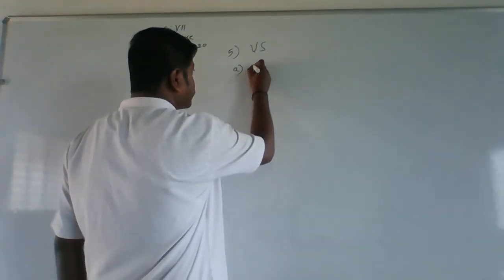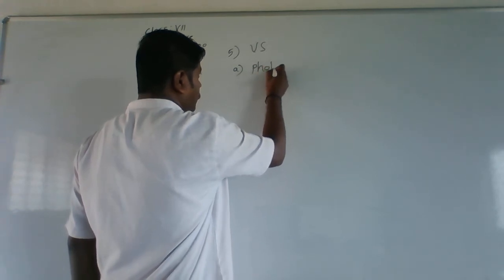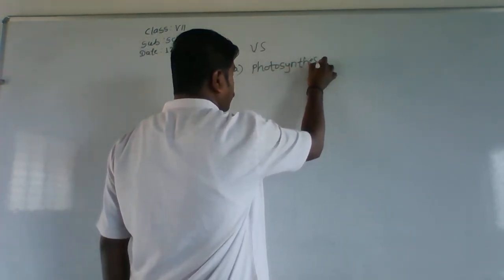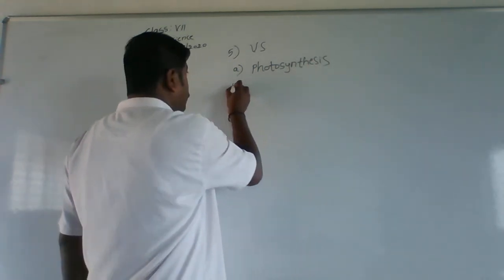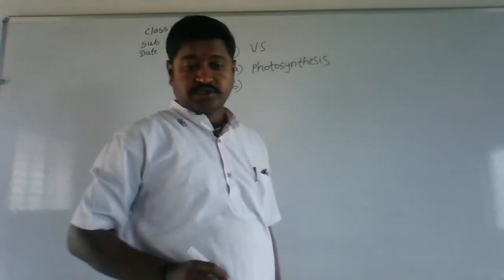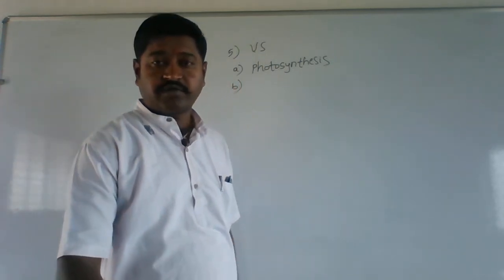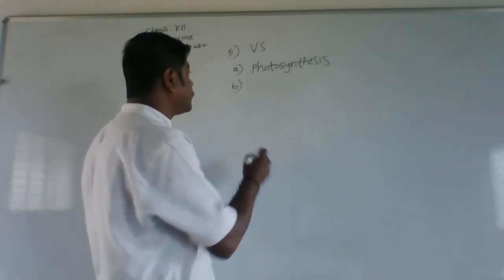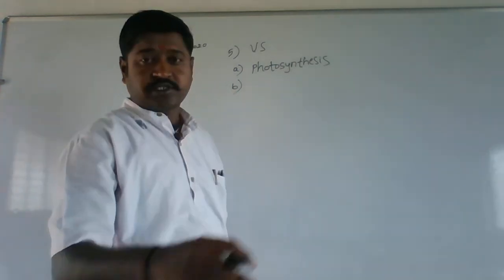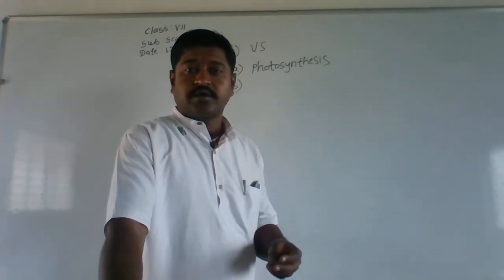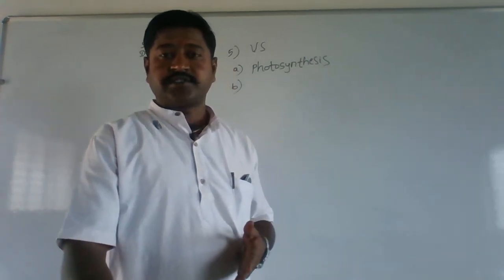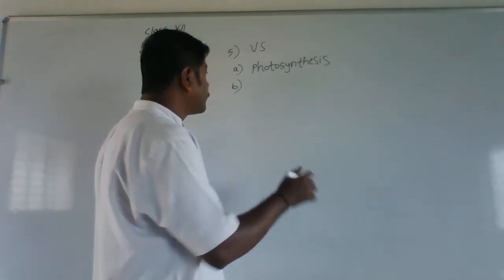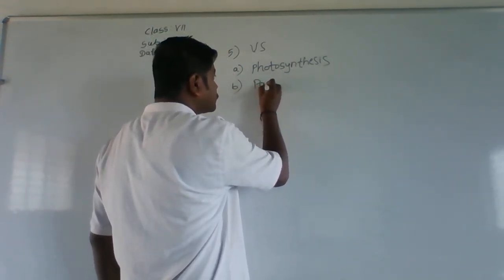Photosynthesis. So photosynthesis is the process by which green plants prepare their food. The next: what type of plant is Cuscuta? Just now in question number 4 we have seen the examples for parasitic plants, Cuscuta and mistletoe. So Cuscuta is a type of parasitic plant.